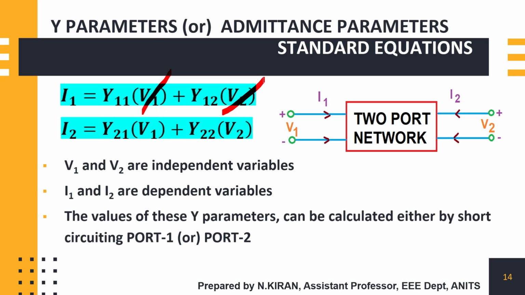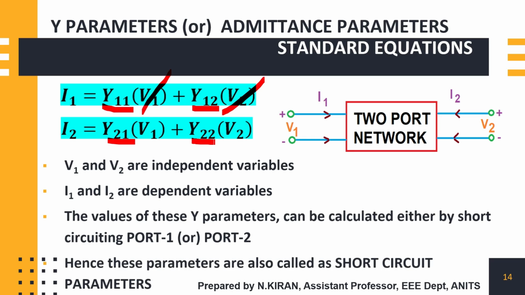V1 = 0 indicates short circuiting the input port, V2 = 0 indicates short circuiting the second port. So either by short circuiting the first port or second port, I can easily find the values for Y11, Y12, Y21 as well as Y22. Hence these parameters are also called short circuit parameters.